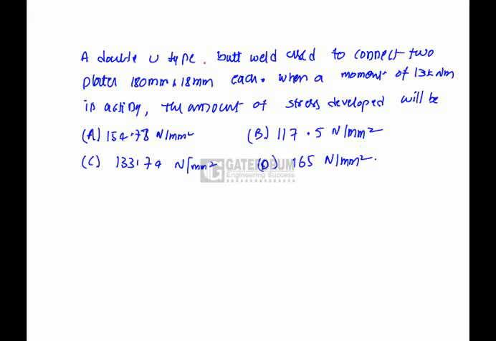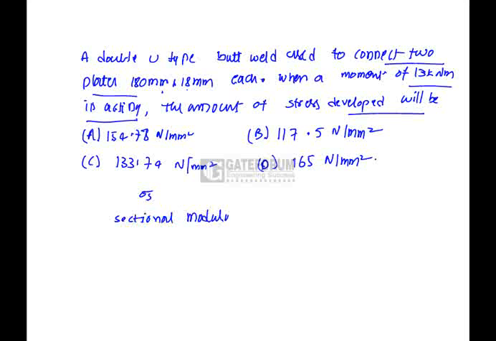Is a double U-type butt weld used to connect two plates 180 mm by 18 mm each when a moment of 13 kilonewton meter is acting. The amount of stress developed will be, we have to find out the stress that is developing in this double butt weld. So we know that sectional modulus is equal to 18 into 180 square by 6, that is 97.2 into 10 to the power of 3 millimeter cube.